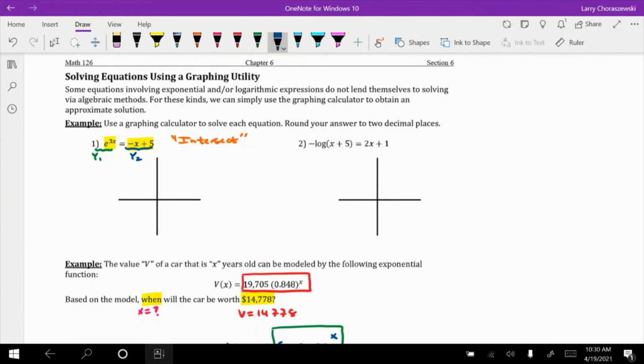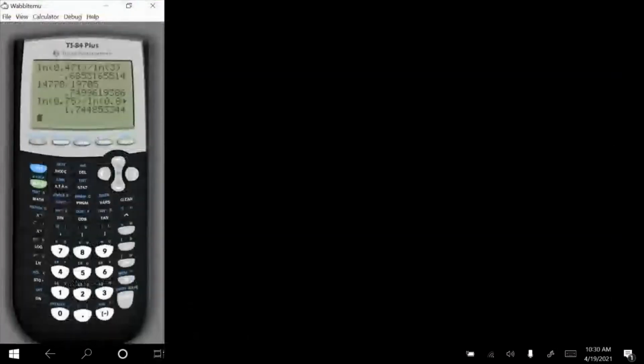So let's go to our graphing calculators. And y equals, to enter e to the 3x in y1, we'll press second natural log. And your calculator might have a set of parentheses already open. Mine puts me in the exponent, but because the exponent is 3x, I prefer using the parentheses.